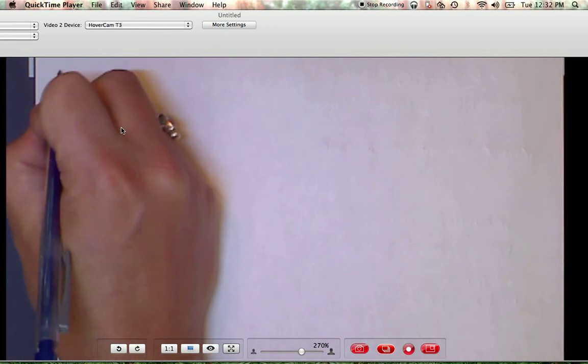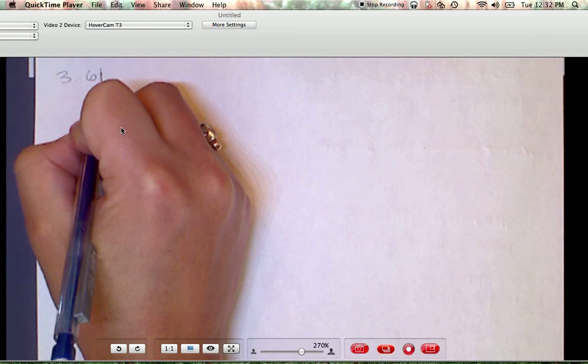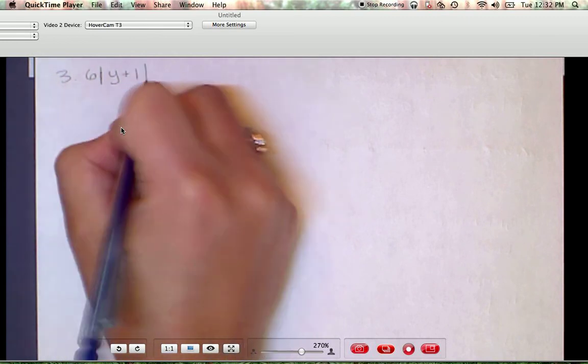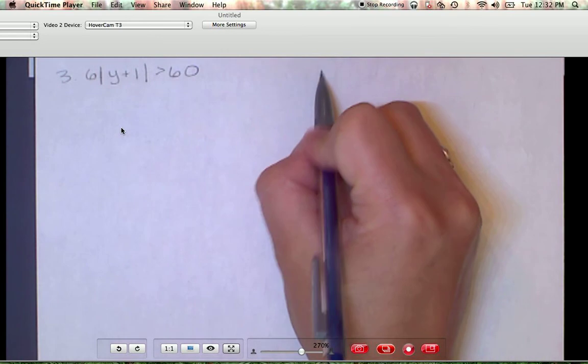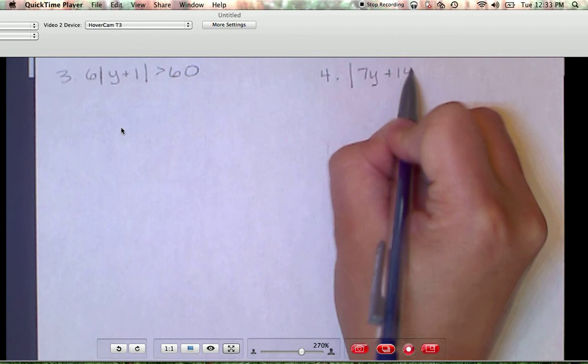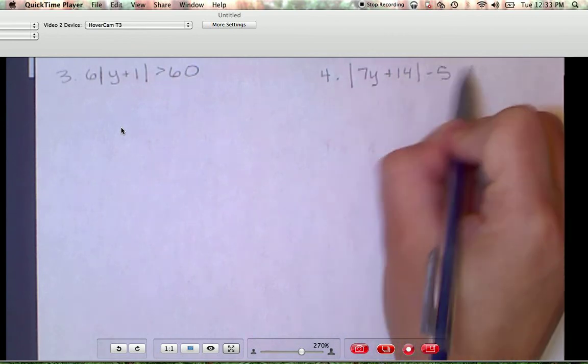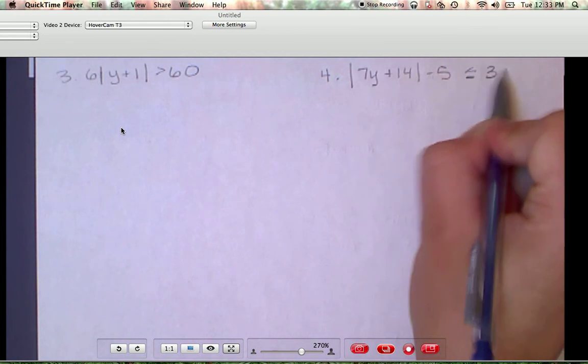But number 3, 6 times the absolute value of y plus 1 is greater than 60. And number 4, the absolute value of 7y plus 14 minus 5 is less than or equal to 30.